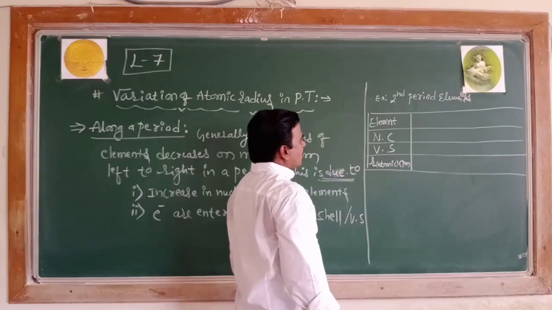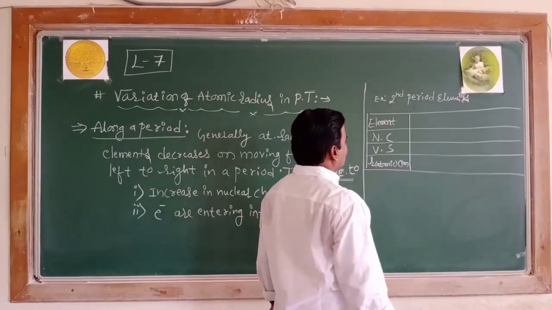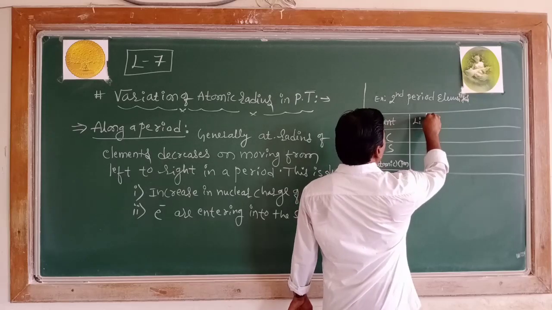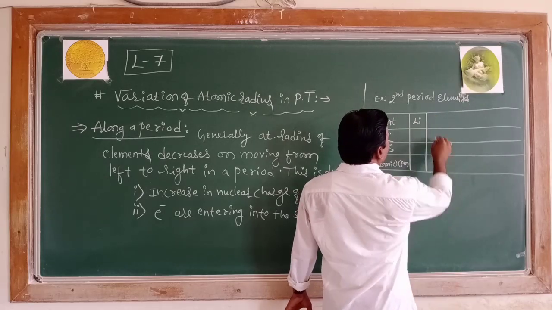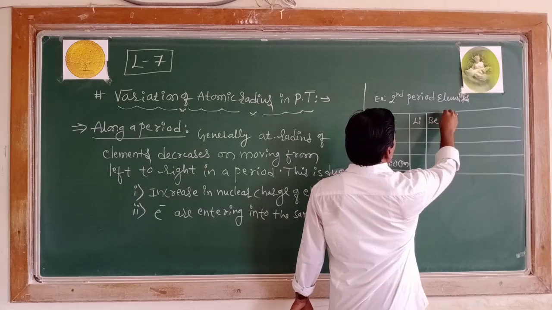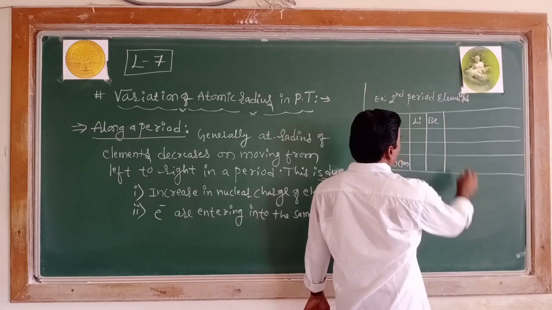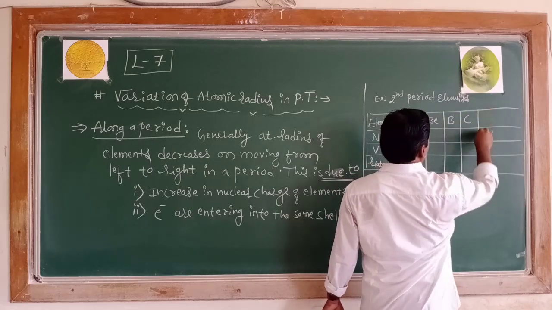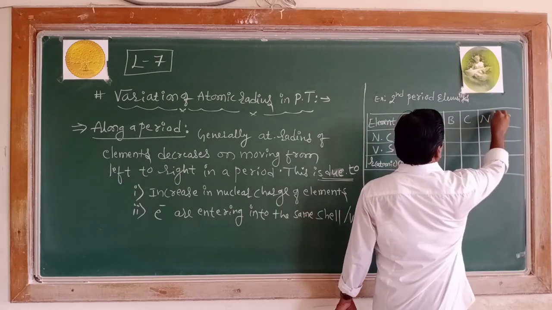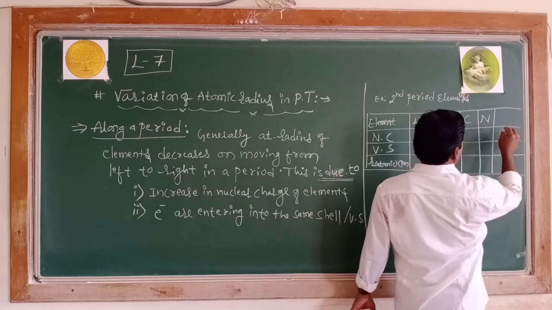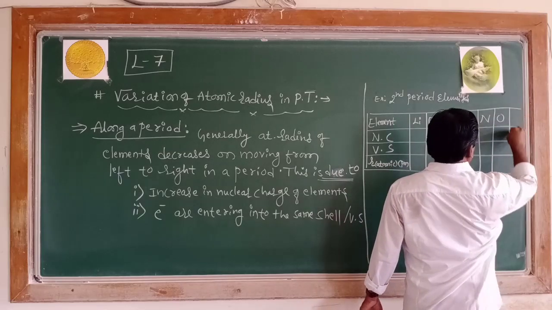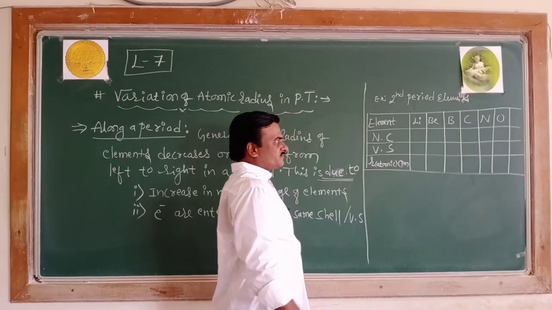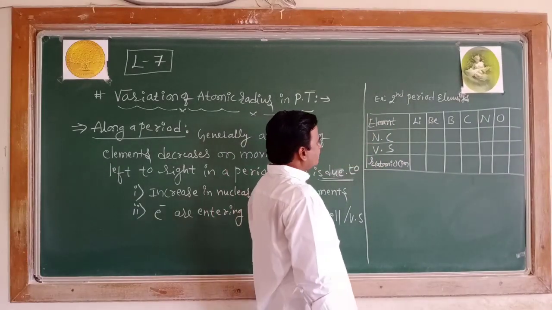Well, the elements of the second period begin with lithium, beryllium, boron, carbon, nitrogen, oxygen, fluorine, except the noble gas elements, which we talk about later on.